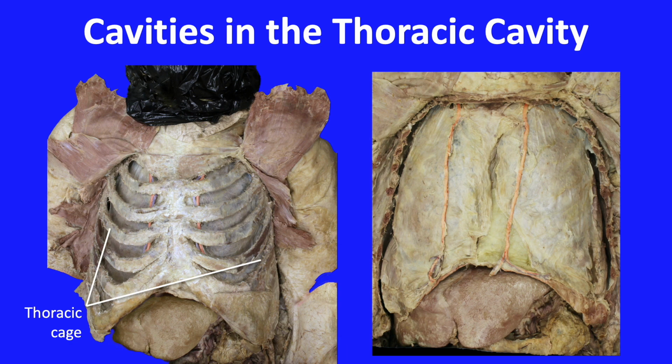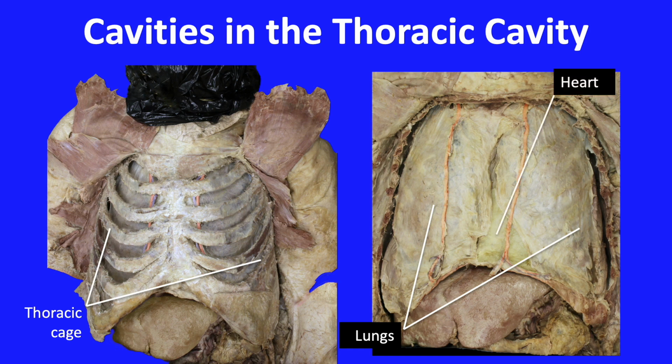As can be seen in this dissection, the lungs form major components of the thoracic cavity. Indeed, the heart can barely be observed. Moreover, to be precise, the lungs are located within the pleural cavity, formed by a membrane called the pleura. Let's explore what this means.